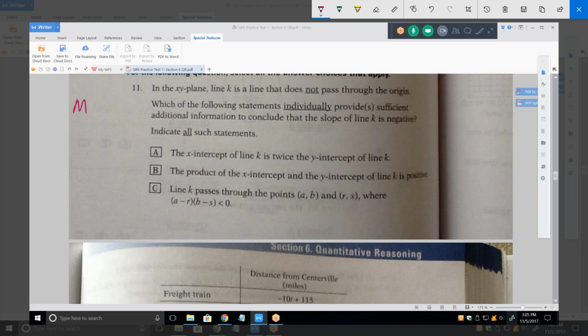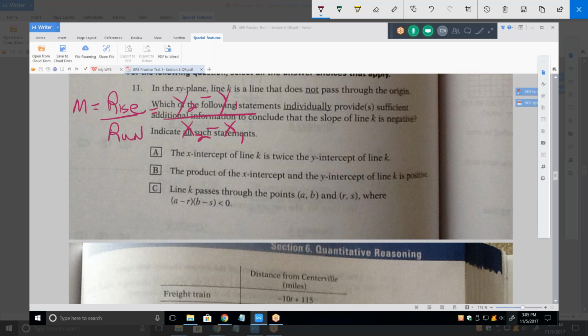If I look at the definition of slope, it's rise over run, correct? And that is the difference in the y coordinates divided by the difference in the x coordinates. Here they give us a set of x and y coordinates.